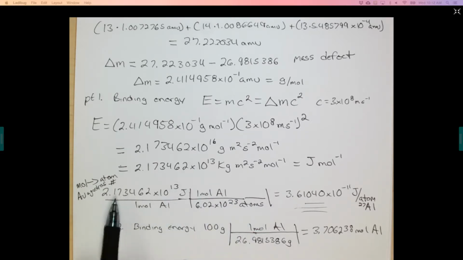So we take some dimensional analysis that we should remember from General Chemistry 1 and convert joules per mole into joules per atom. And we end up with roughly about 3.6 times 10 to the negative 11 joules per atom of aluminum-27. So this is the first part of the question.